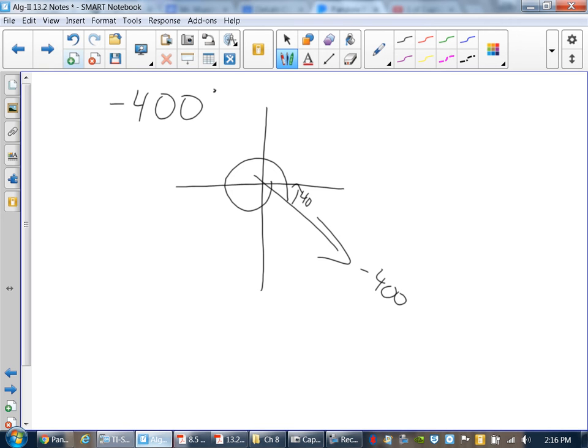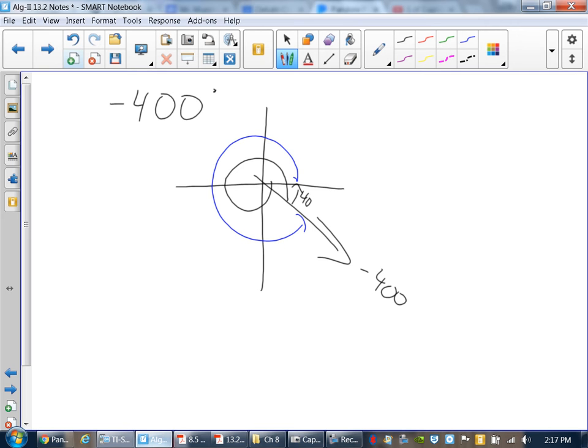Since I'm past one revolution, one full time around, I need to first find the angle that's within one revolution and then the positive one. So what I have to do is, excuse me, I have to go around again. If I just go around to here, that's still negative.